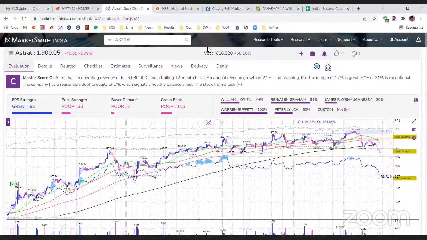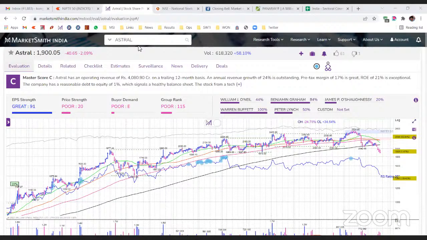So any fresh buying position, according to William O'Neill, would not be suggested at this point in time, but I would still like to give away some snippets from the Astral earnings call. The cost inflation was clearly evident with them as well, and they're not able to pass on their entire price hike. But the good point is that they are seeing good growth.